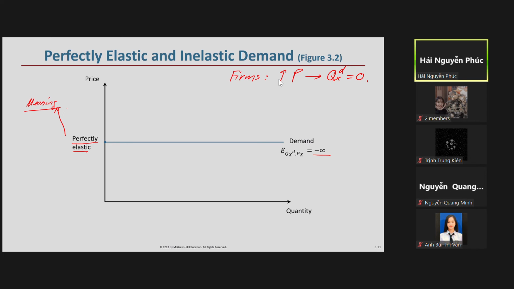The perfectly elastic demand is the situation that the firms in a perfectly competitive market have to face. We say that the firms in a perfectly competitive market face this horizontal demand curve.